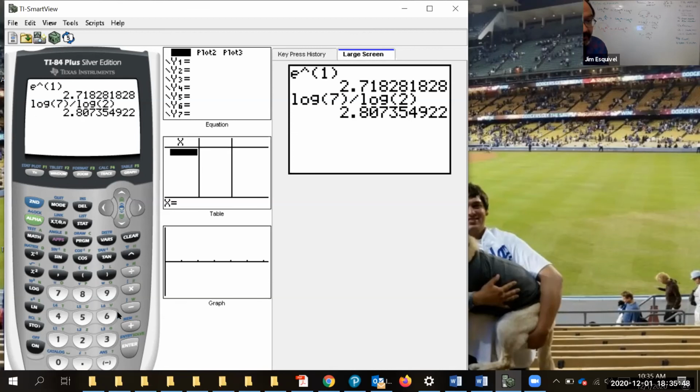And I can show you if I go 2 to the, and then I'm going to go answer, 2 to that answer, I get 7. 2 to the 2.80735499922, that gives me a 7.